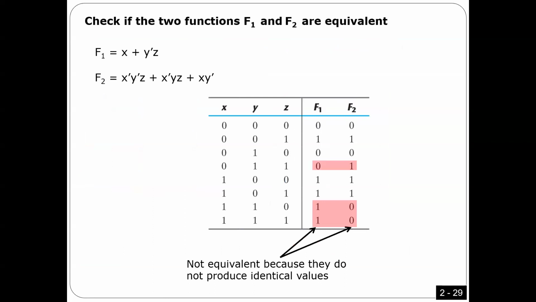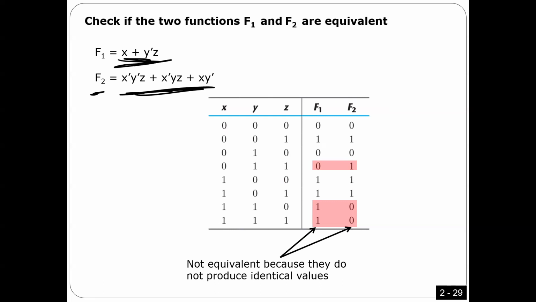For example, here I give you two functions, f1 and f2. I'm asking you, are these two functions equal or not? Equal means that for the same input, for all possible cases, both of them give you the same output. That's the meaning of equal.